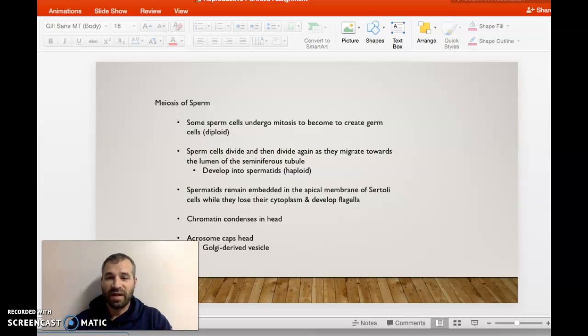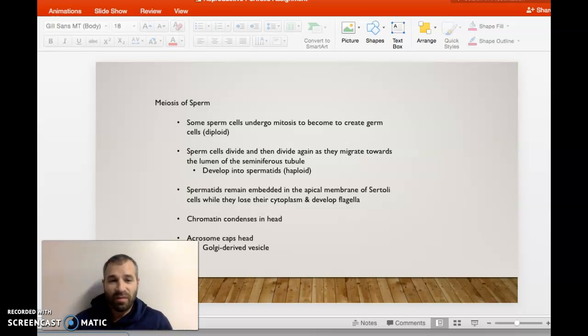All right, slide 3. The maturation process begins with some sperm cells undergoing the replication process of mitosis, adjacent to the basal lamina. Once mitosis is complete, the cell is now a germ cell or a primary spermatocyte, which is also a diploid cell.